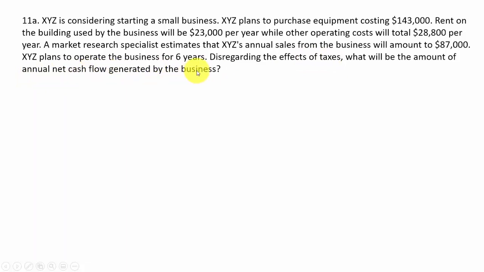Well, when I read this question, my first thought is it should have been worded as follows: What will be the annual amount of cash flow generated by the business from operations? And so what that tells me is that I'm looking at things strictly on the income statement. The problem also doesn't say anything about when they purchase this equipment, how they're going to handle that, because you're going to buy it, you're going to finance it, or you're going to pay cash for it.